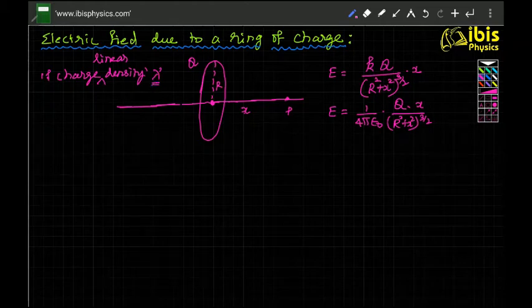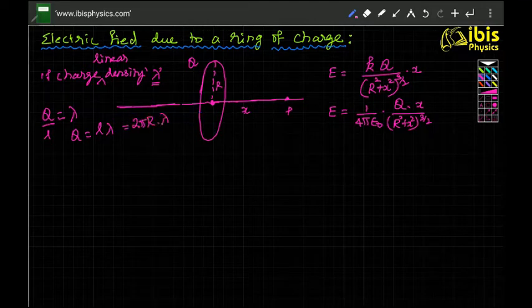If the total length of the ring is 2 pi r, then the charge is equal to L into lambda, so the charge is 2 pi r into lambda. So if charge density is given, in this charge q you have to replace it with lambda into 2 pi r. For such problems, you have to be very careful.